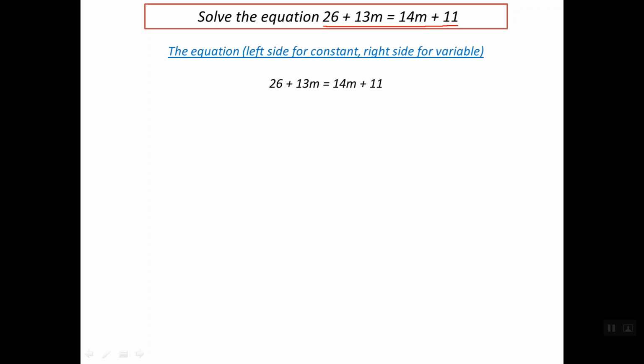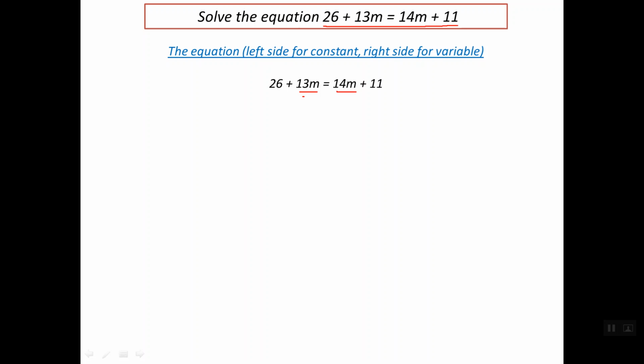As we see that 14m is greater than 13m, we can simply keep the variable on the right side and the constants on the left side.